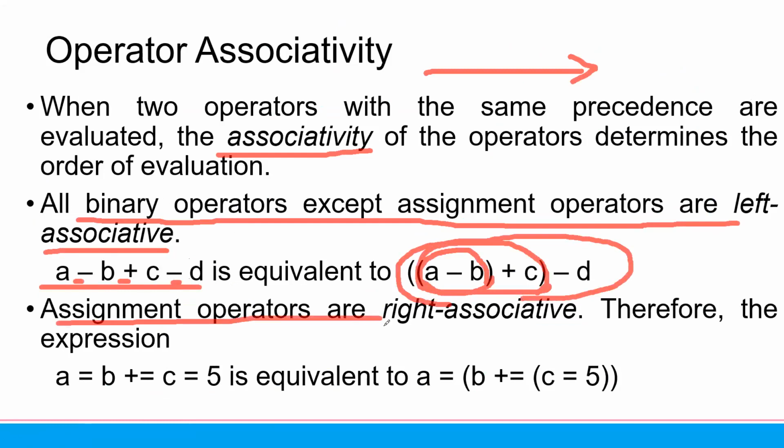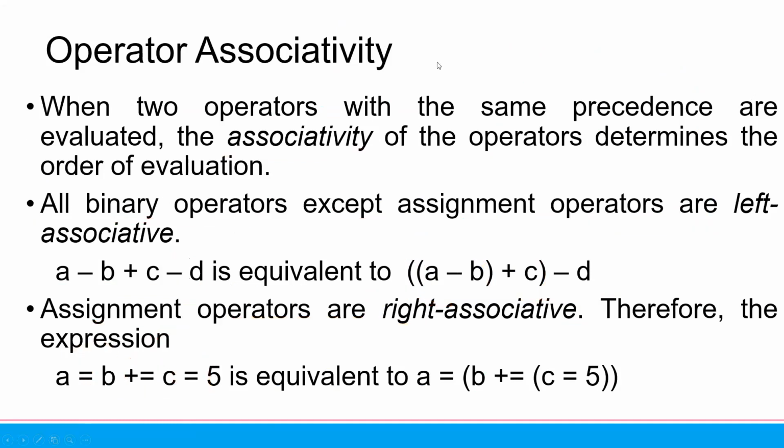Assignment operators are right associative. It means if you have the equal sign, you have equal sign, you have equal sign, it is always right associative. Okay? Right associative means that we will follow the rules from the right to the left. Let's say this one, I have C equals to 5.